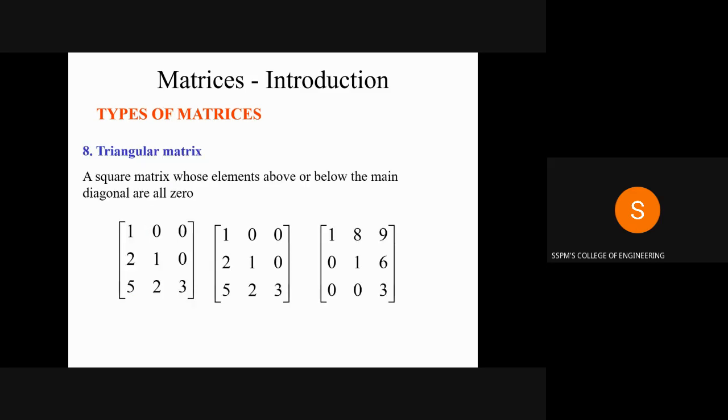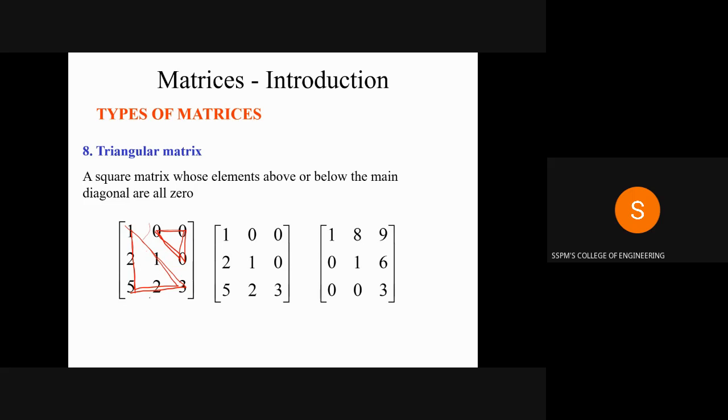Now, triangular matrix. What is a triangular matrix? See, for the first matrix, you can see that these entries are non-zero, but these entries are zero.